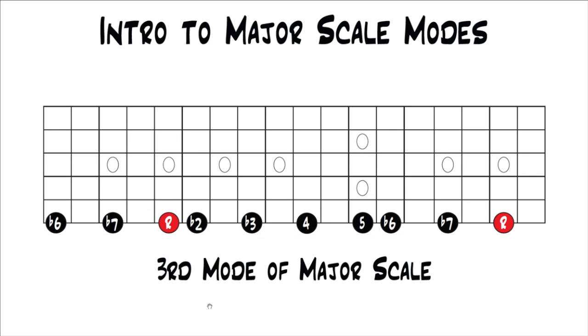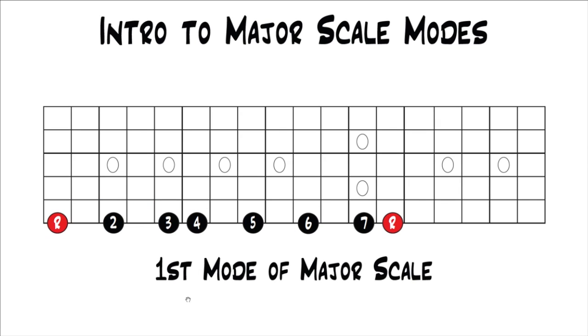And then we went to the third note of the major scale and did the same thing. We made the third note of the major scale our new root, made all the other intervals correspond to the new root. What was our original major scale was right here. You know, you have your whole step, half step, and so on. And this is your third mode of the major scale. So the first part of understanding modes is that simple, and you already understand that concept because we did this when we built chords.